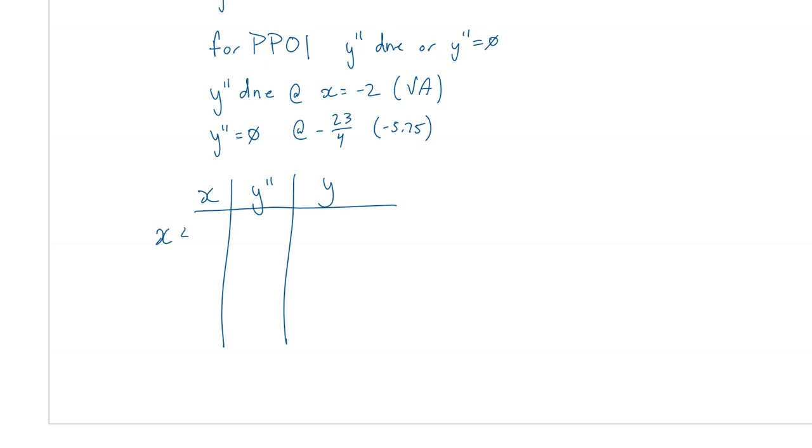So x less than negative 23 over 4, then negative 23 over 4 less than x less than negative 2. We still need our asymptotes in there. Negative 2, and x greater than negative 2.